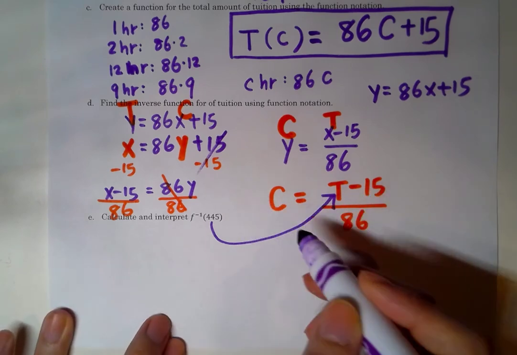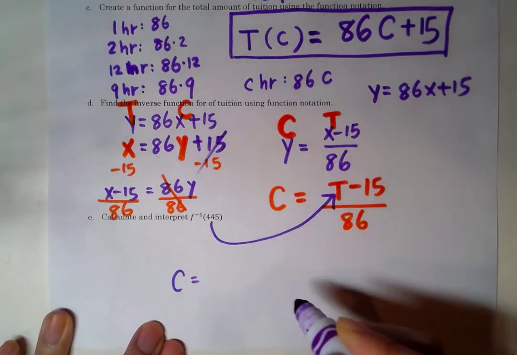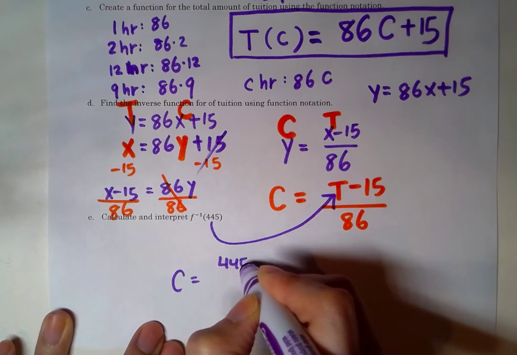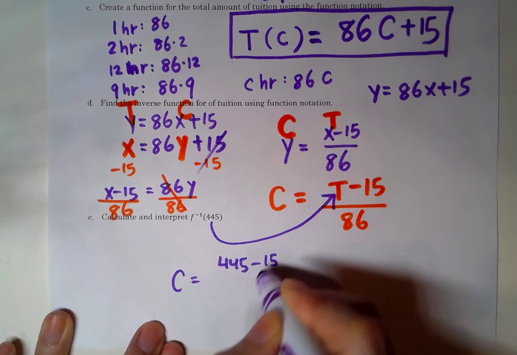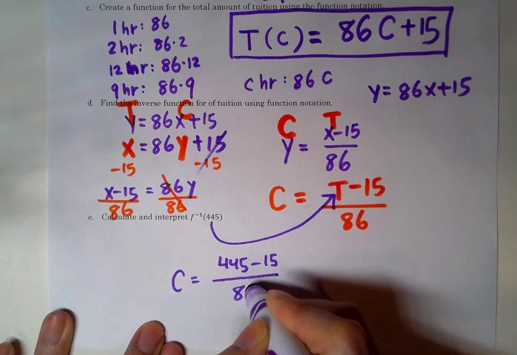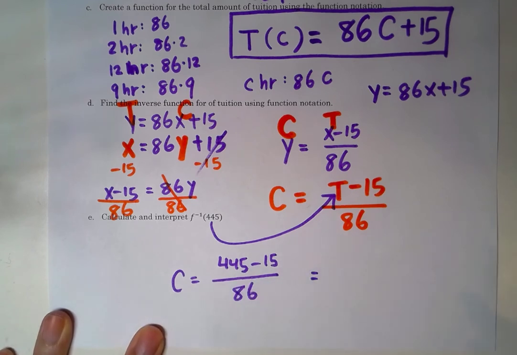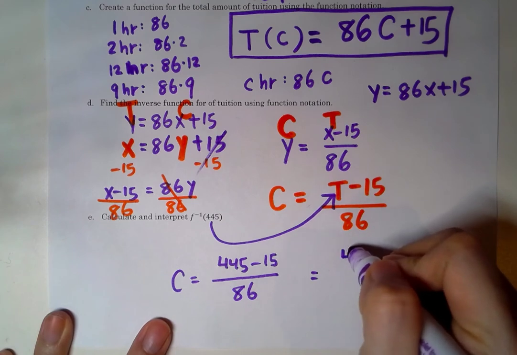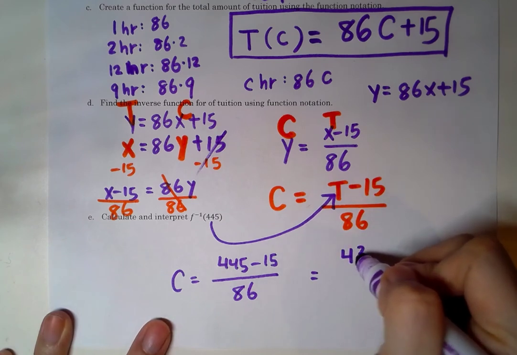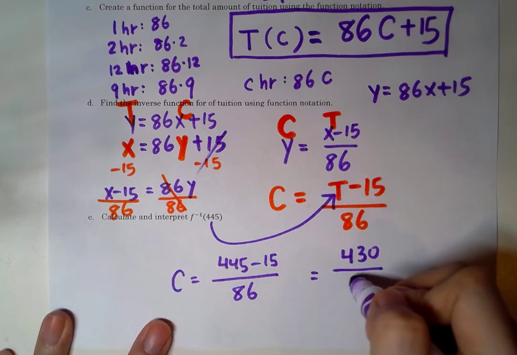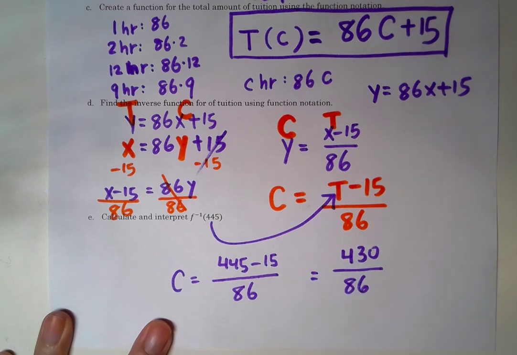So let me calculate the numbers. So C equals 445 minus 15 over 86. So 445 minus 15, then you get 430 over 86.